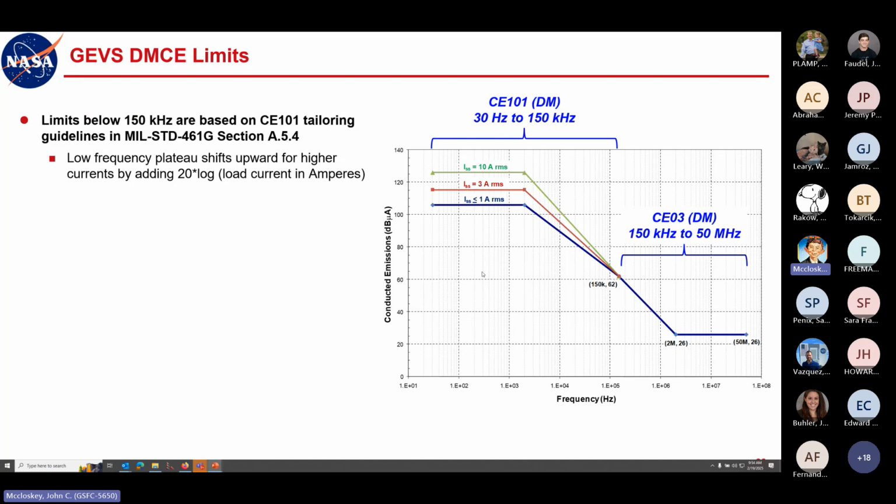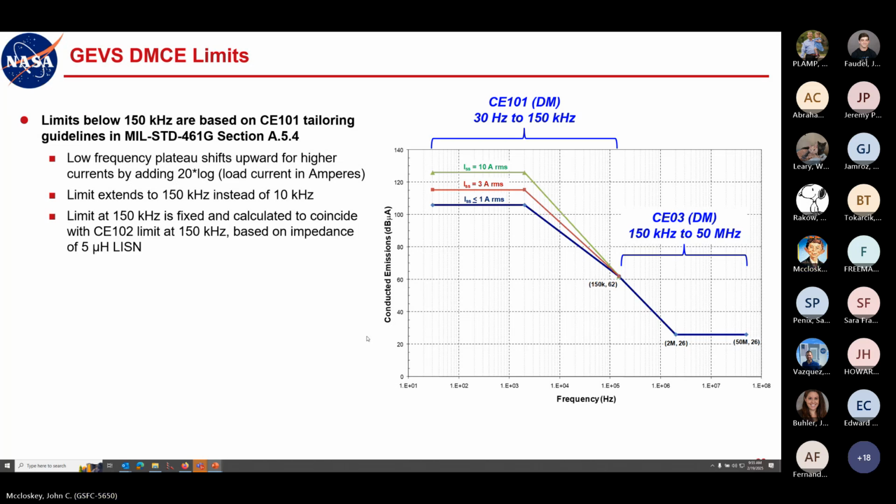And that low frequency plateau shifts upward for higher currents just by adding 20 log of the load current in amperes. The limit extends to 150 kilohertz instead of 10 kilohertz, the default in the main body of the Mil standard. And then the limit at 150 kilohertz is fixed and calculated to coincide with the CE102 limit at 150 kilohertz based on the impedance of a 5 microhenry LISN.